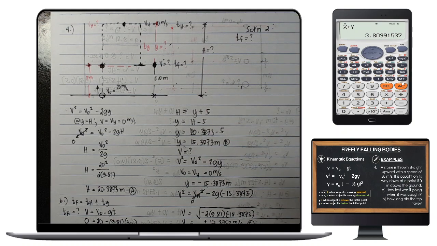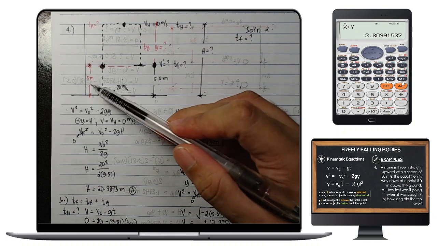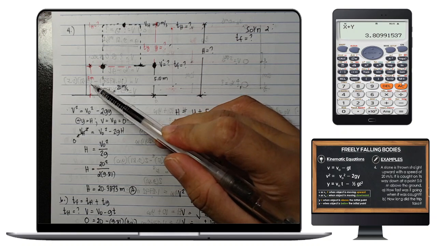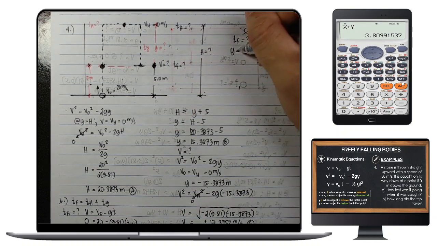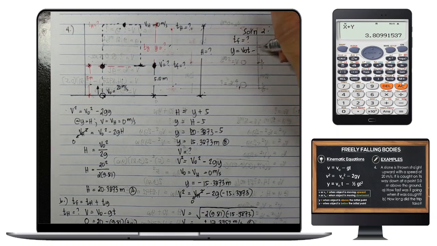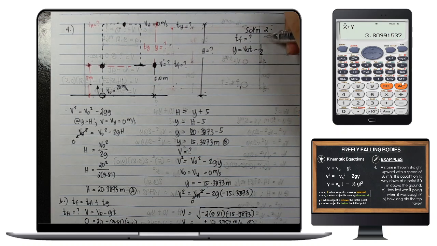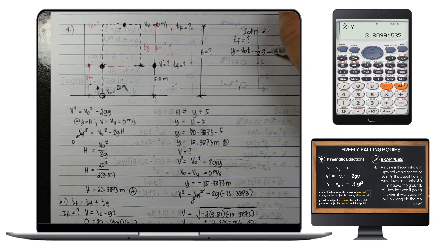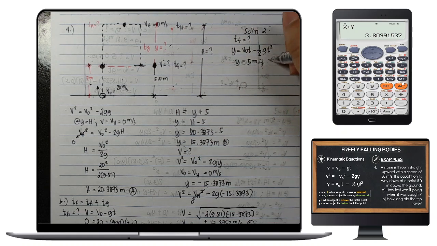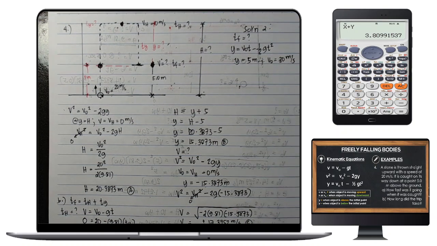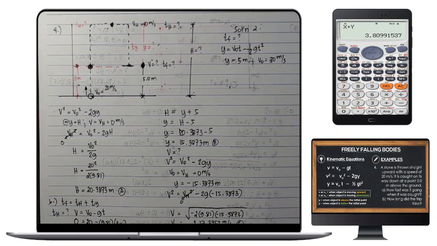Since we have the initial velocity and the 5-meter mark, yung ating y, we can use the third equation. Di ba y is equal to VO t minus 1/2 gt squared. So, yung y natin, let's use it as 5 meters. Then, VO natin, yung given, that is 20 meter per second. So, substitute lang natin.